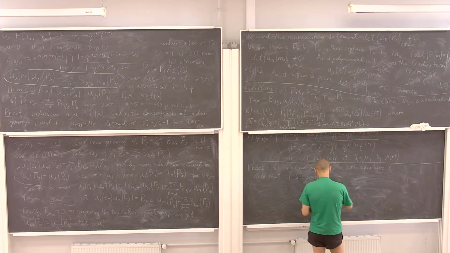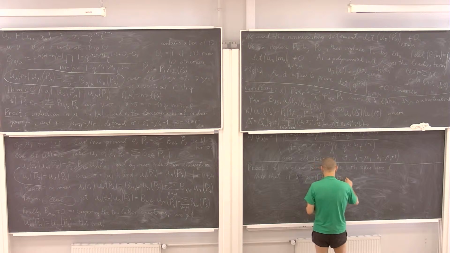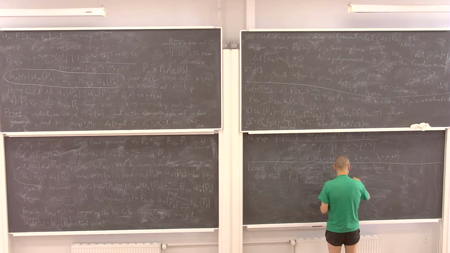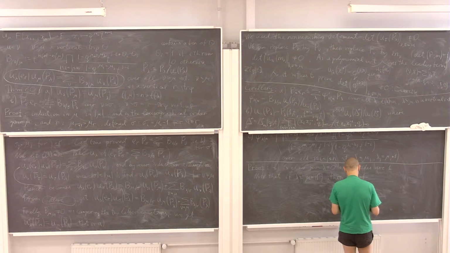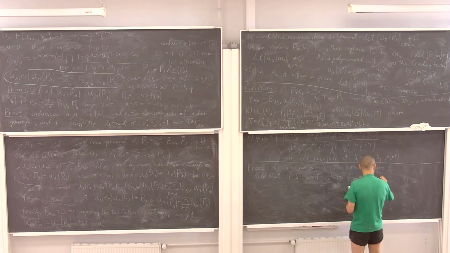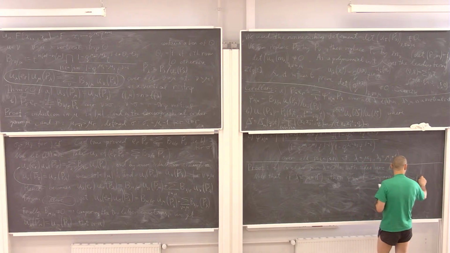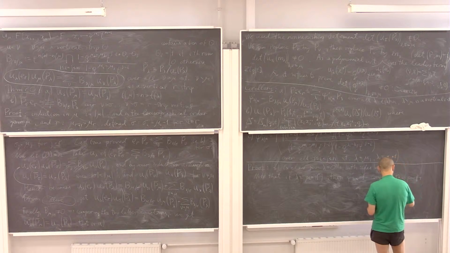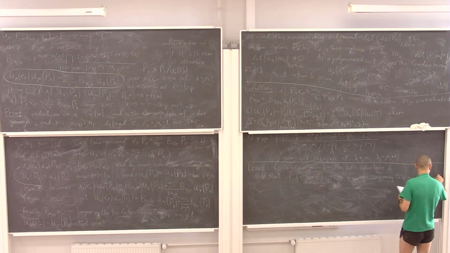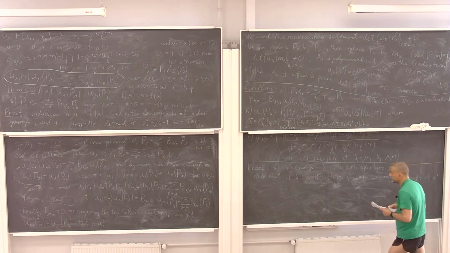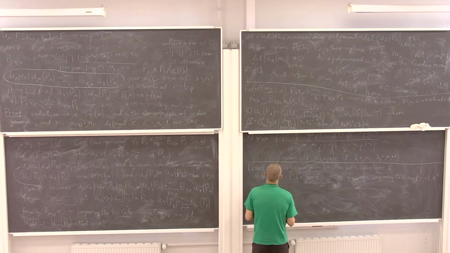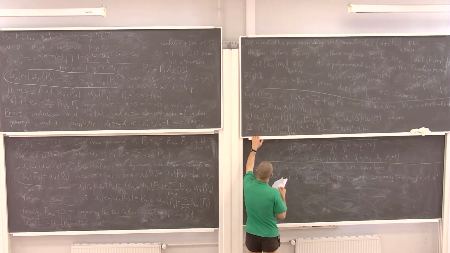So in this case, we get psi prime lambda mu is 1, just comparing the coefficients of x to the power lambda. So this is just definition.